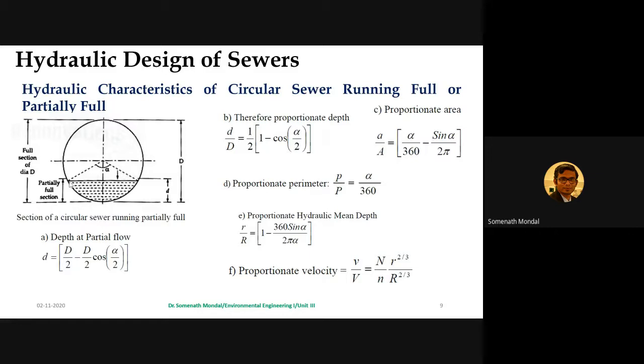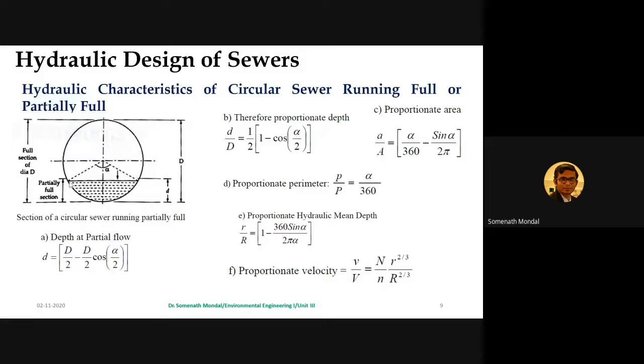You take proper geometry and then subtract things, and finally you end up getting the value pi D square by 4 within whole bracket alpha by 360 minus sine alpha by 2 pi. Now, you may have some difficulties, but you need to tell me. In that case, I will be deriving these things in subsequent classes.